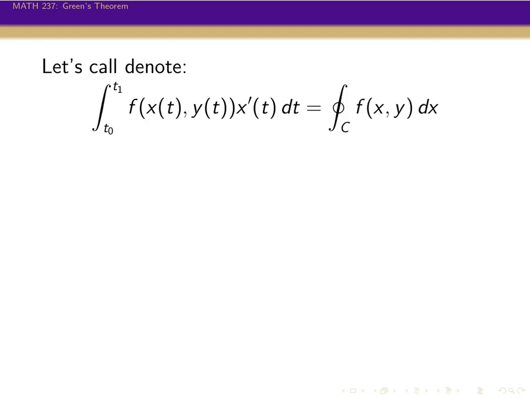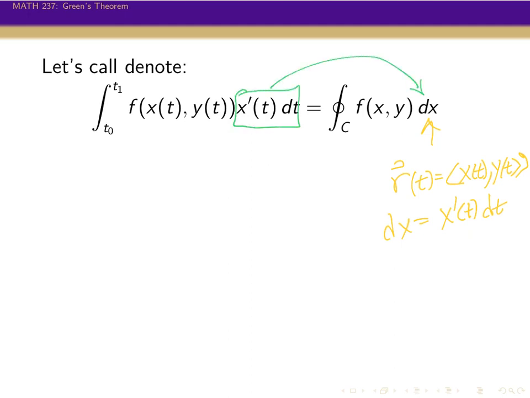This dx is reminding us that if we have r of t equals x of t, y of t, then dx is just the derivative of the x component, dt. So this part right here we're calling dx, and that's just lazy shorthand. This part right here is f with the parameterization removed.